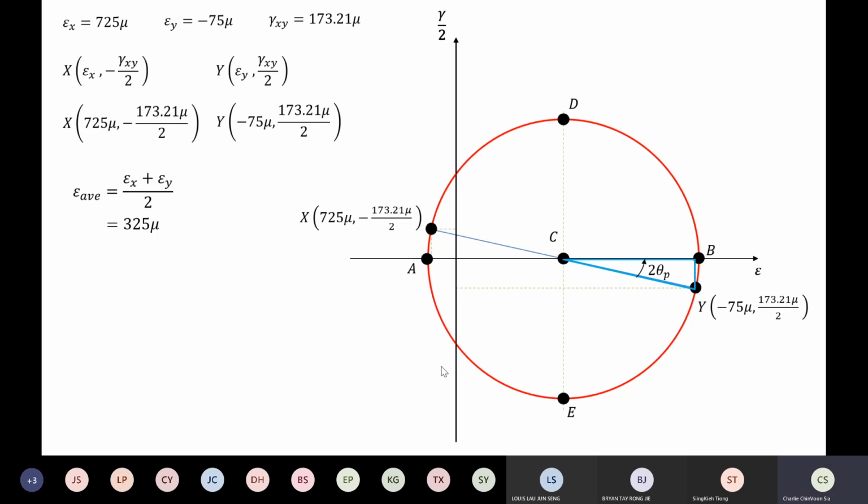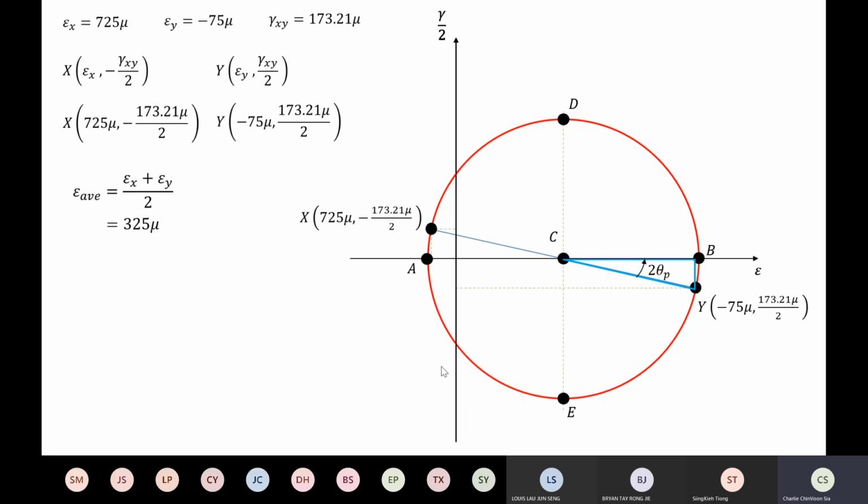So from here we are able to calculate the 2 theta p by referring to this triangle. How do we calculate the 2 theta p?